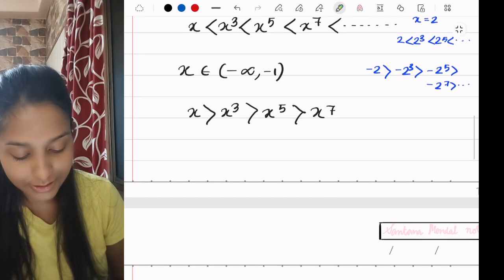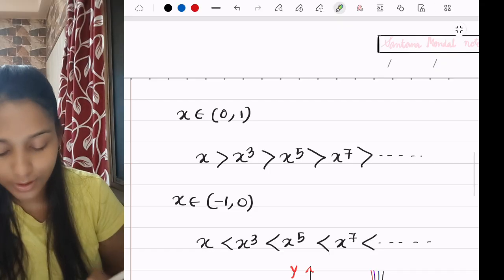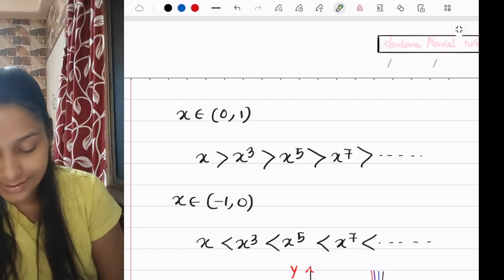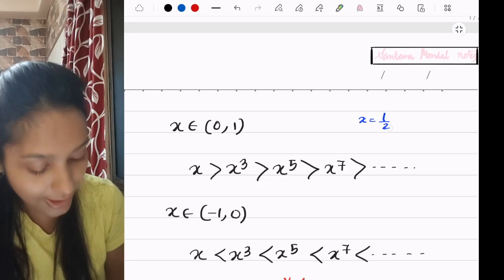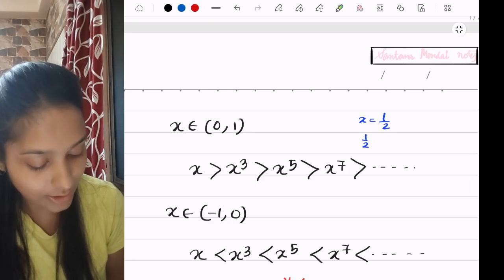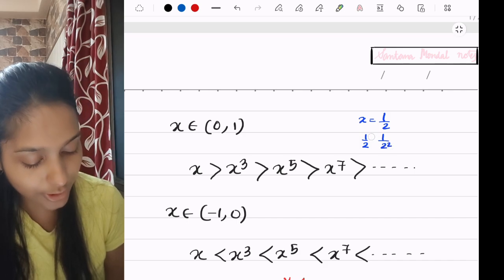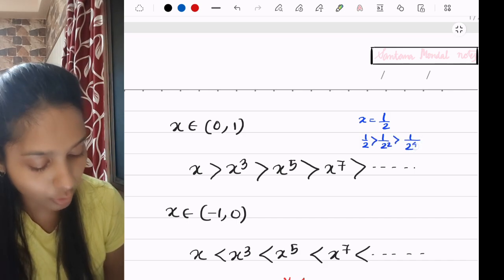Now let us check the interval 0 to 1. In the 0 to 1 interval, again let us take a number like x equals half. From here we can see that half is greater than half square, again greater than 1 by 2 power 4.